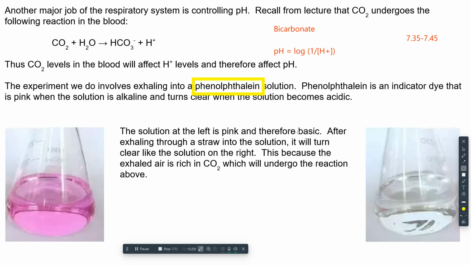Phenolphthalein is what's called an indicator dye. Sorry, it's pink when it's in an alkaline or basic solution. And then it becomes clear when the solution's pH changes and becomes acidic.